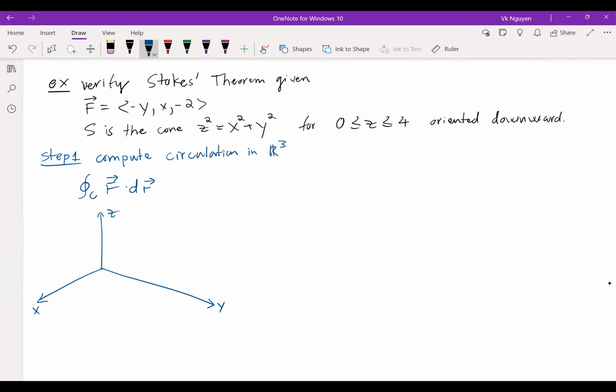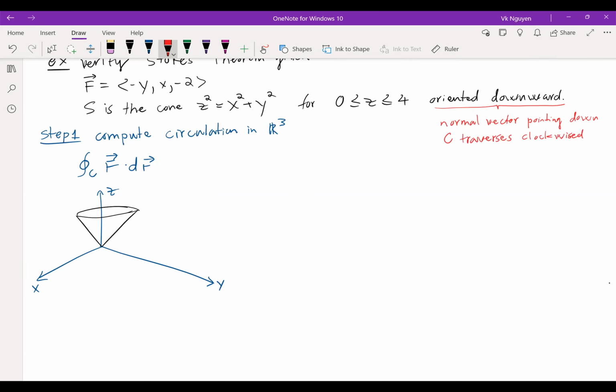Okay, so for the cone z goes from 0 to 4, so we don't have to deal with the negative side. So here comes the curve C and it travels clockwise. Now, as you know, there's the curve C right here.